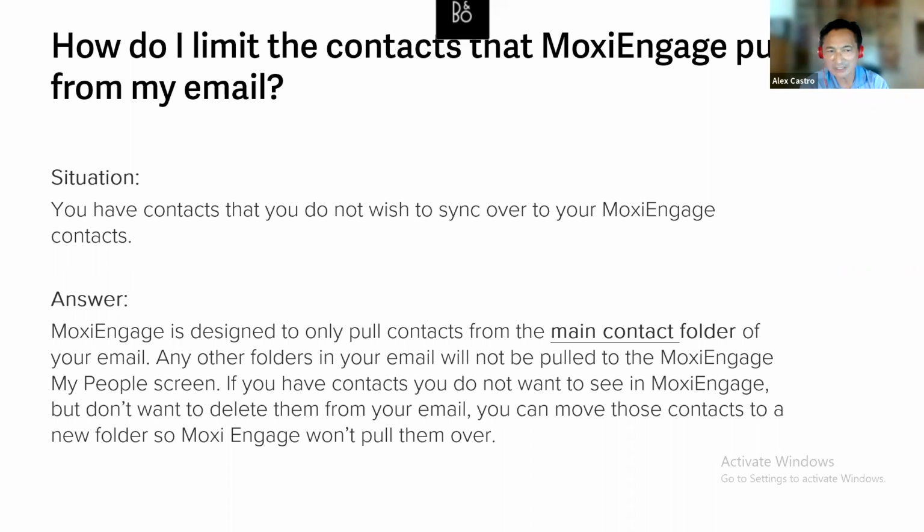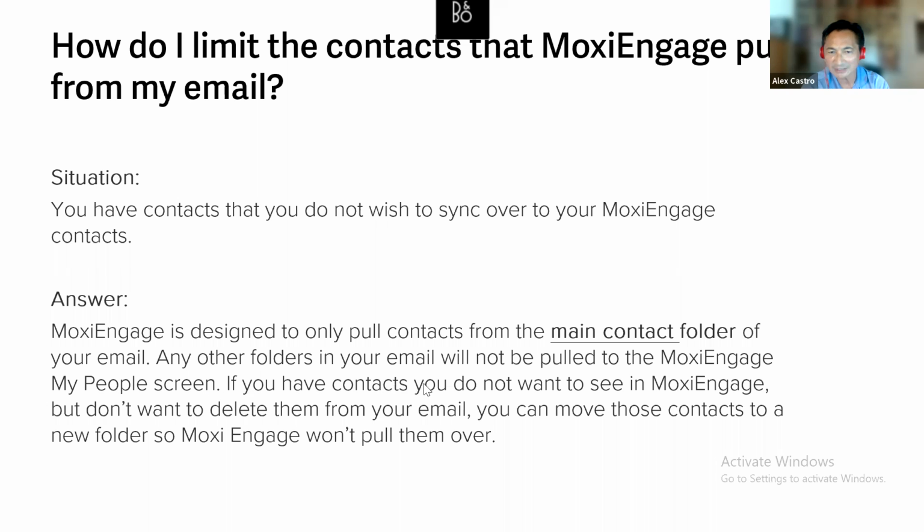Two approaches, right? MoxiEngage is designed to pull contacts from the main contact folder. That's the default folder, yes? Any other folders in your email will not be pulled into Engage. That's basically the My People screen.